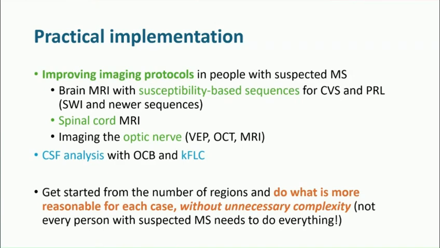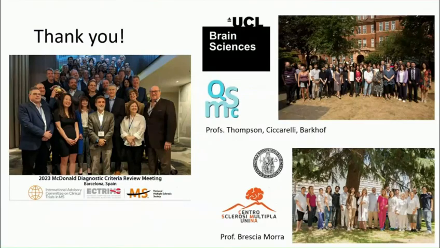I'm sure there are centers that are super good with the visual evoked potentials. Others would prefer the OCT, and that's perfectly fine. This is within the applicability of the criteria in different settings. And definitely not every person with MS will need to do everything, but every person will need to do what is easier to be done or what is needed to be done.